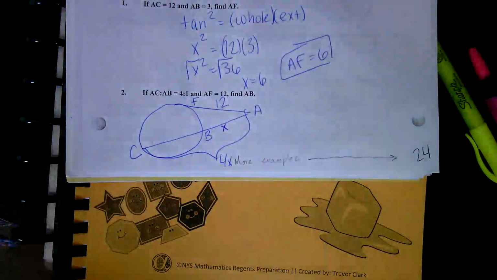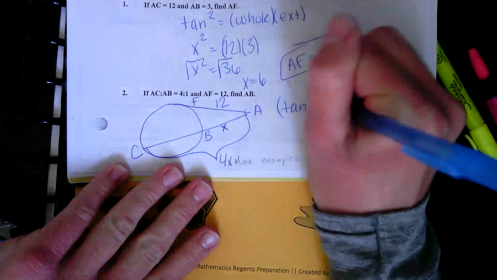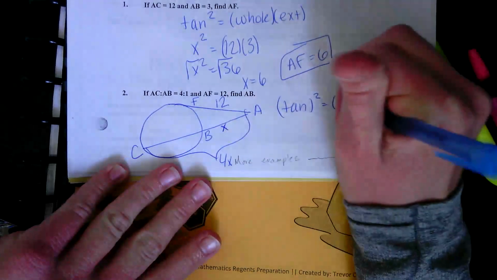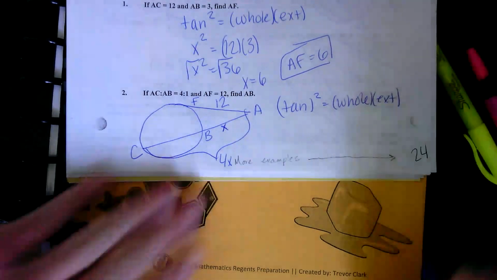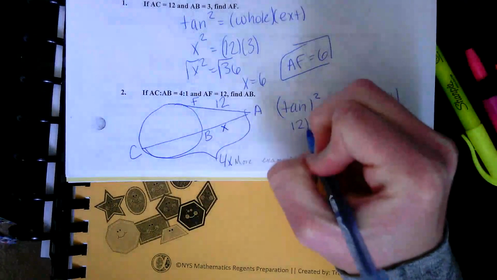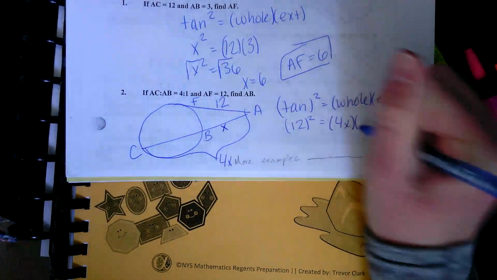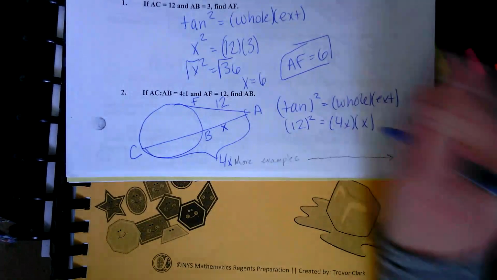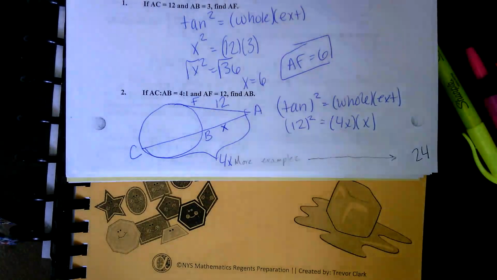Okay, so we're just going to plug it into our tangent squared is equal to the whole times the exterior. Okay, so our tangent is 12. Our whole is 4x. Our exterior is x. Okay. Again, simplify and find x.